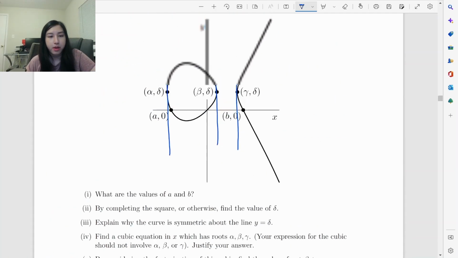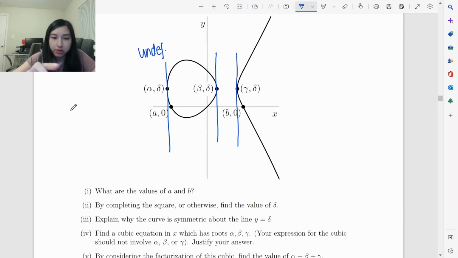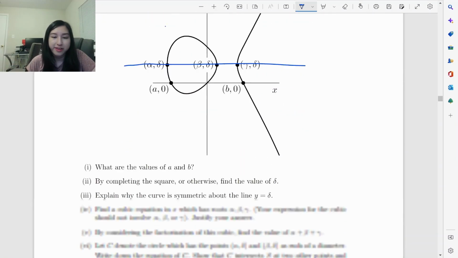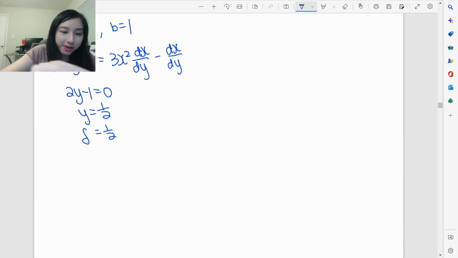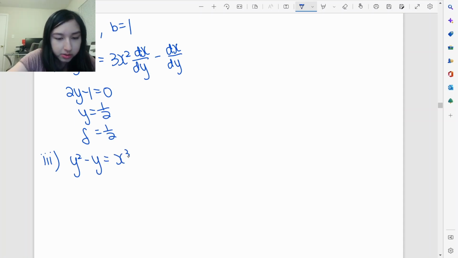That's it. Part 3. Explain why the curve is symmetrical about that line. Because this. Okay, great, I'm going to have to complete the square then. I didn't want to, but alright, we have to do that. So part 3, for y squared minus y equals to x cubed minus x.